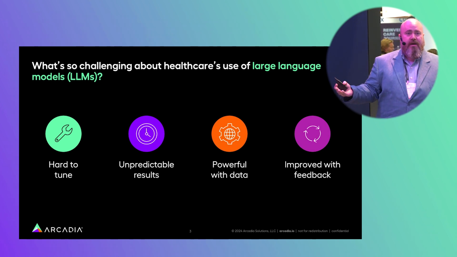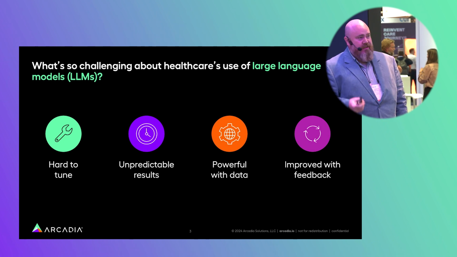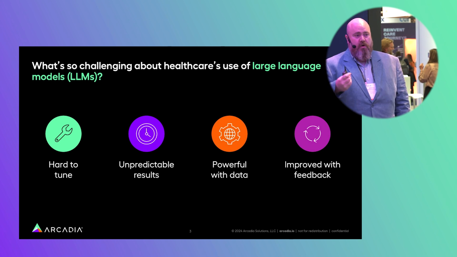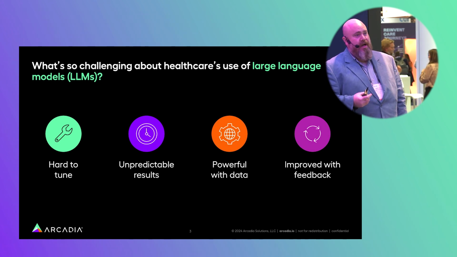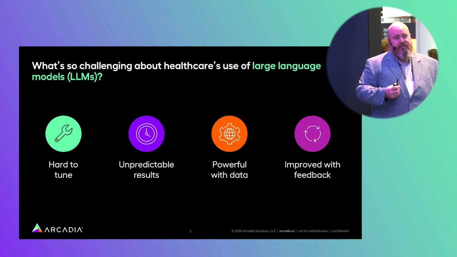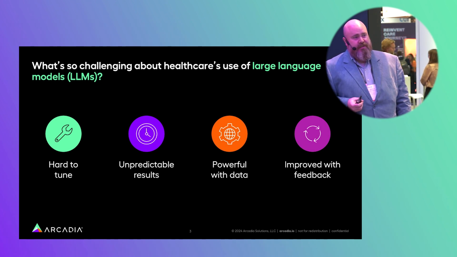The third thing to think about is they are most powerful with additional data. The more context you can give them, the more information that you can give them, the more accurate, the more precise the output. A lot of the models, it's challenging to inject that level of data out of the box. So you have to think about strategies and tactics to take to ensure that the context is appropriate for your use case.